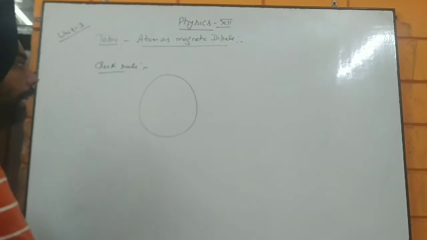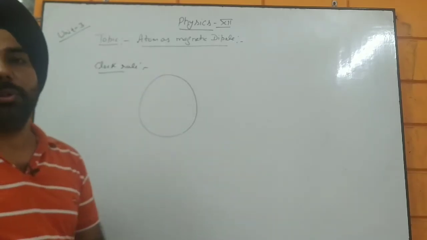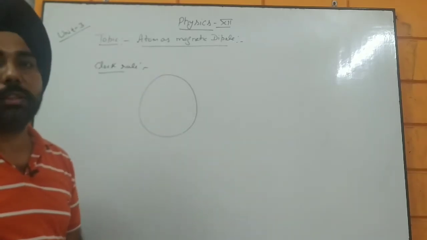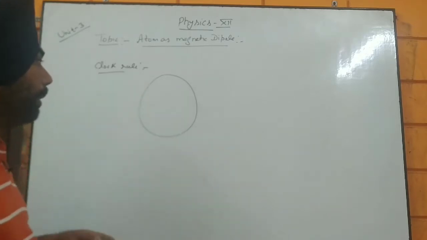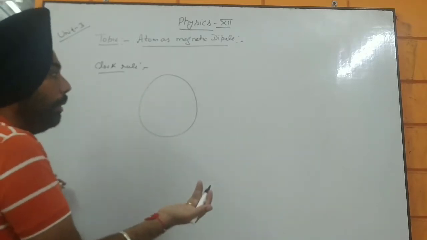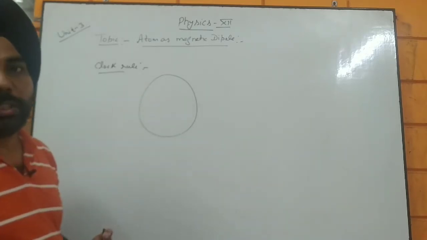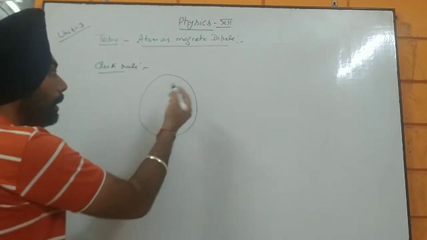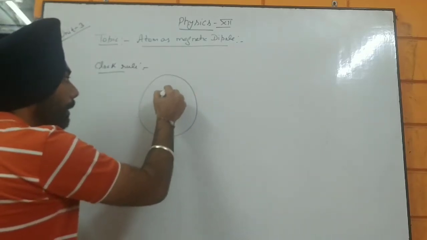Now what is the clock rule? Every loop has a magnetic dipole. How are we going to generate poles on any loop? The current is either going to be clockwise or anti-clockwise, so you can just check the letters.